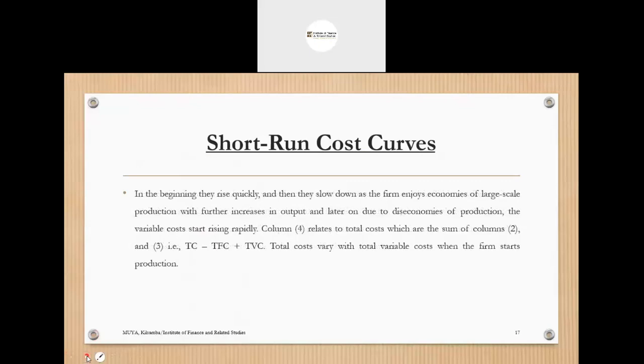Then we can move on. And we find that in the short run, though I'll come back again, these variable costs rise quickly, then slowly down as the farm enjoys economies of scale. And I'm going to encourage you to go and find the distinction between economies of scale and diseconomies of scale.